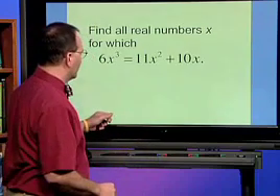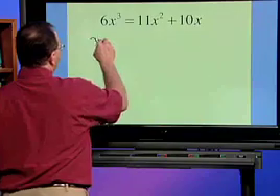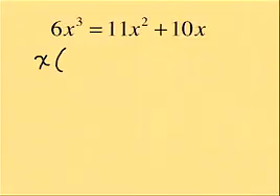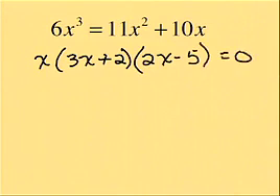So here we go. What I have, remember, is x times 3x plus 2 times 2x minus 5 equals 0. And that zero factor property tells us that if we're multiplying these three numbers and they have to equal 0, at least one of them has to be 0.